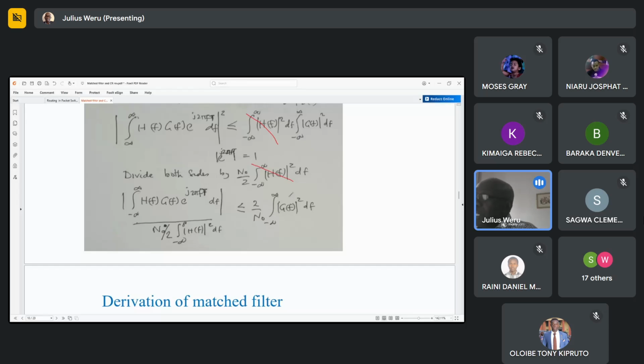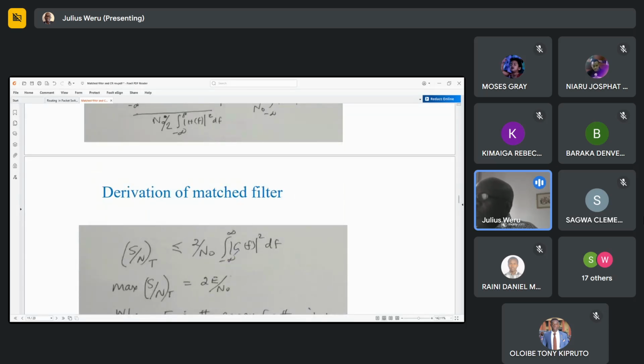This will be the signal power here, which sometimes we write as E. So this becomes 2E over N naught. So the maximum will be 2E over N naught. If you say this inequality is equal to or less than, it means the maximum is actually that.